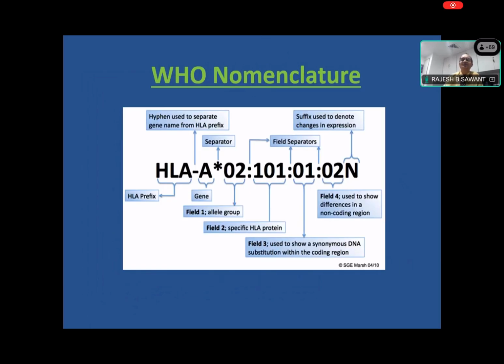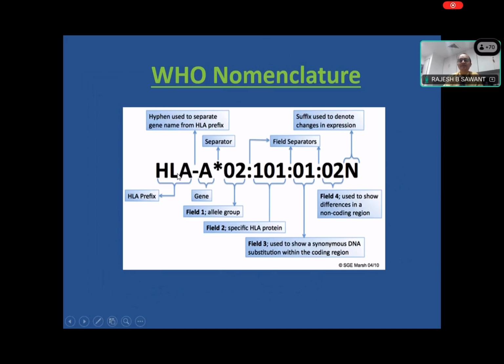Okay, so when we are talking further about HLA and transplantation, what we need to know is how to read the HLA. So there is the WHO nomenclature system where first you will have the prefix, which is the HLA. So you may have HLA-A, HLA-B, HLA-C or HLA-DR and so on.